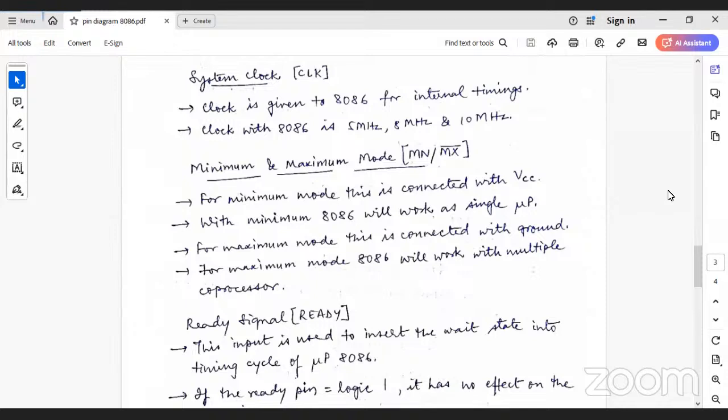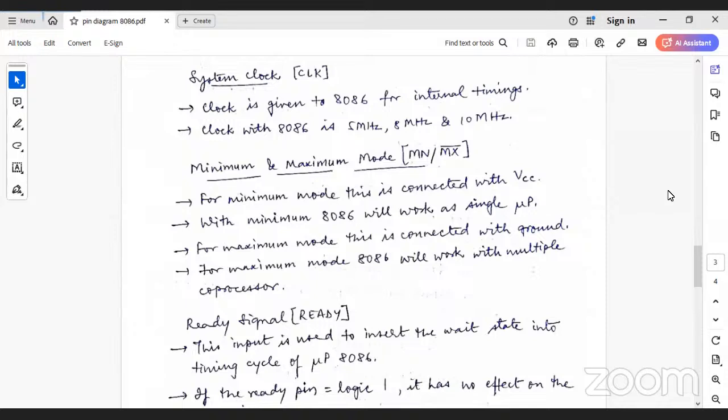And if it is connected to ground, then it will work with multiple coprocessors, meaning there is a chance of having many processors connected to this main processor. Now, the signals which will be used are different for the minimum mode as well as the maximum mode.